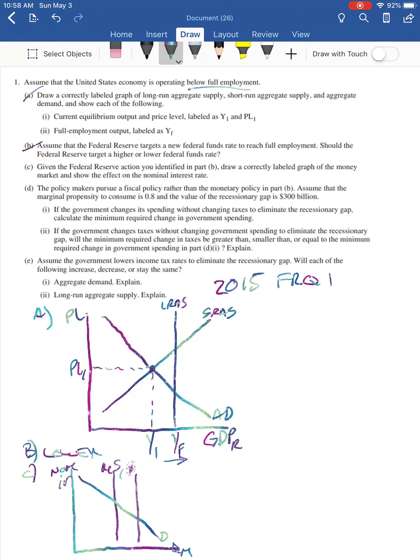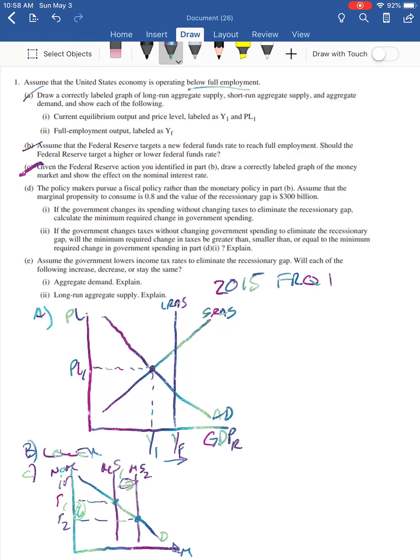The action was buying bonds to lead to a lower interest rate. So we'll show that shift. Our original rate 1 here and our rate 2 showing it lower. And it's important to show those arrows when you're drawing the graphs, but you won't have to draw them on the 2020 AP test. So that is all set.